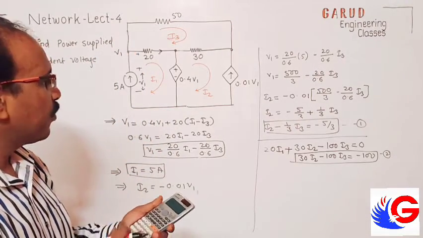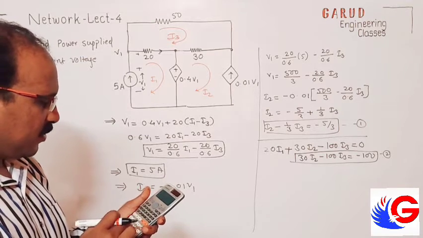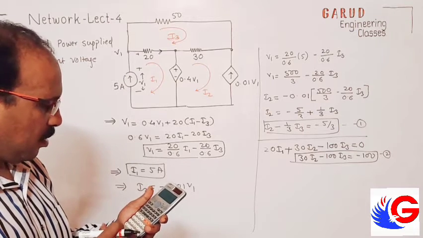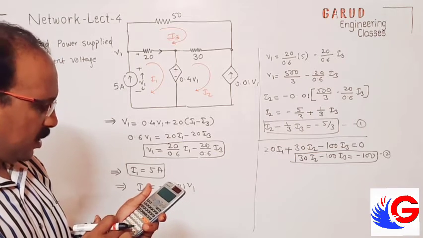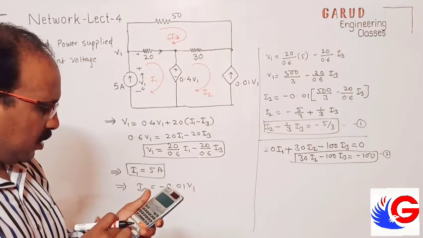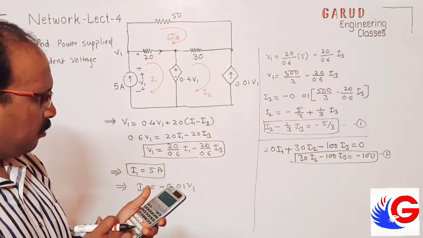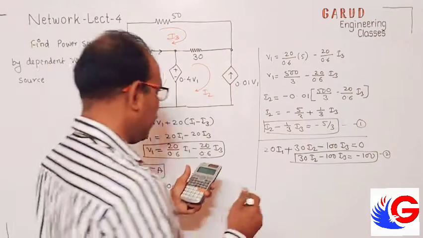The matrix with 1, minus 1 by 3, 30, minus 100, and the right side minus 5 by 3, minus 100. So we get the value of I2.